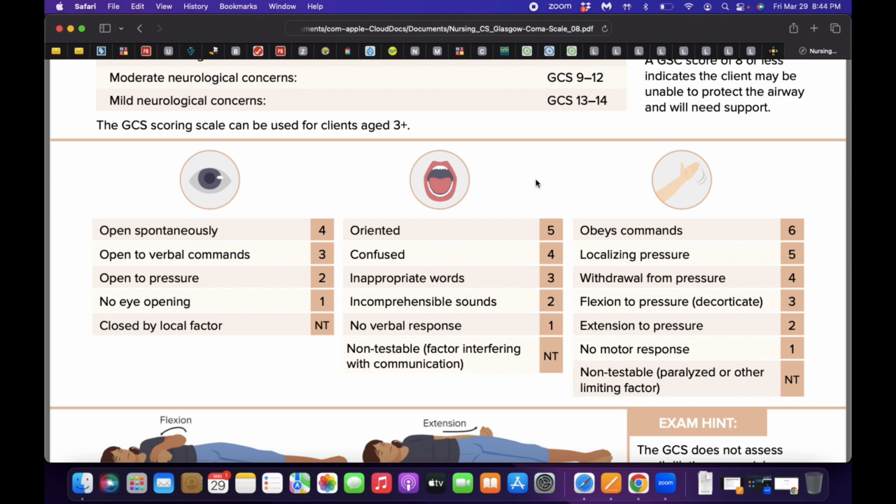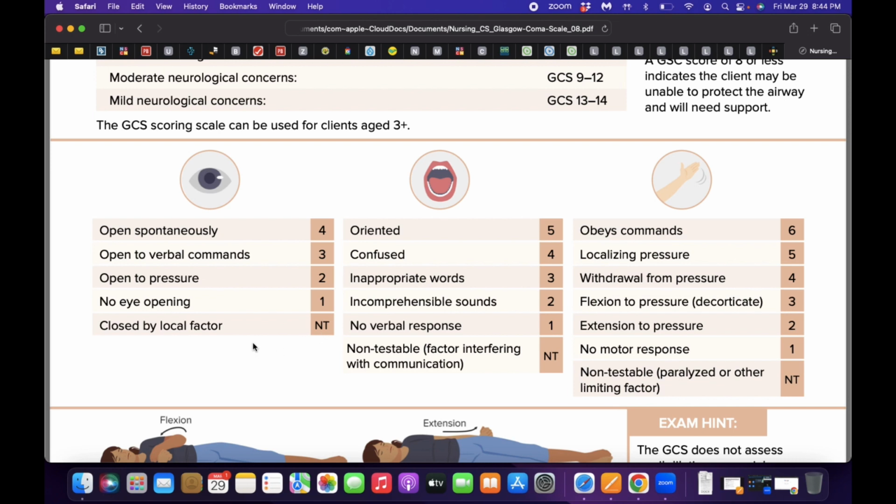As you can see, for eye opening, you score 4 points for open spontaneously, 3 points for open to verbal commands, 2 points for open to pressure, 1 point for no eye opening, and NT for closed by local factor.